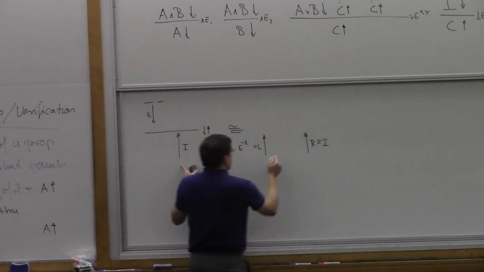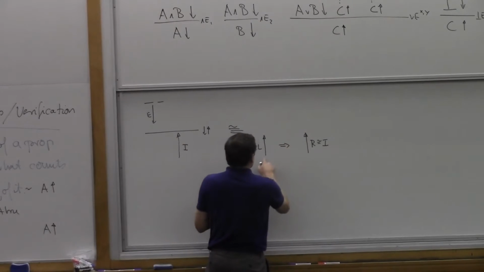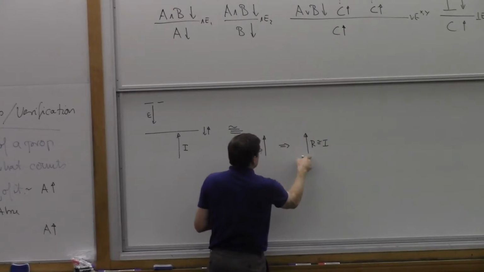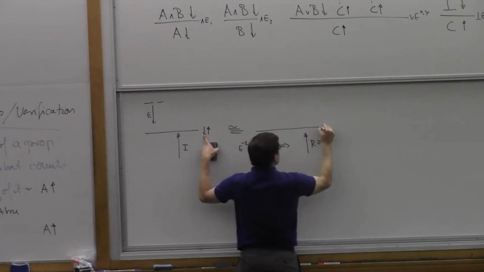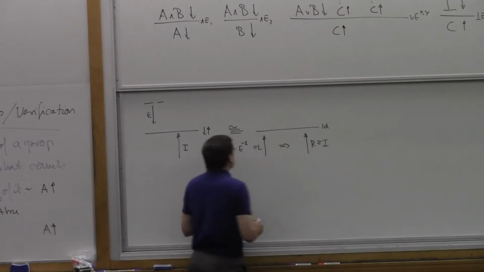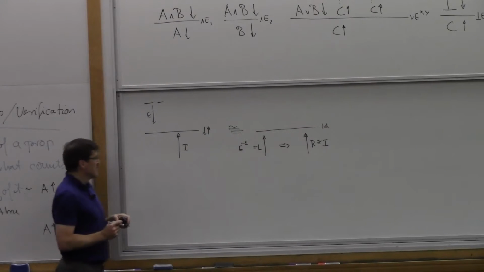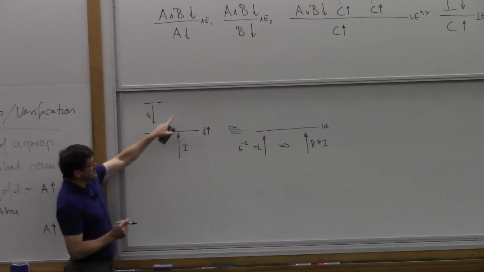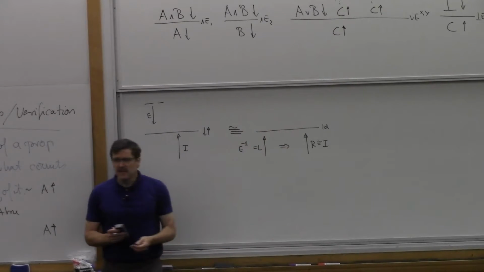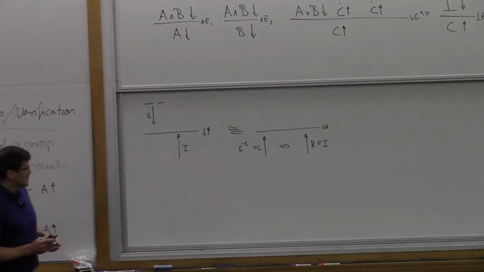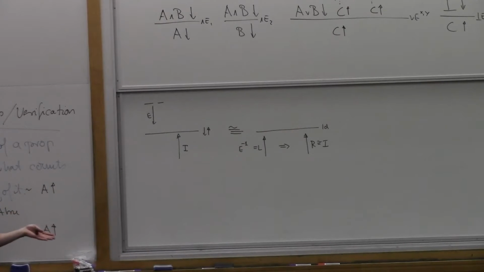And here where they meet, we'll just call this identity, instead of the up-down. Because for these to meet, they have to be the same formula, and for the identity, the left and the right have to be identical. So this is the picture. Now I'm going to write down all the rules based on what the picture tells us.